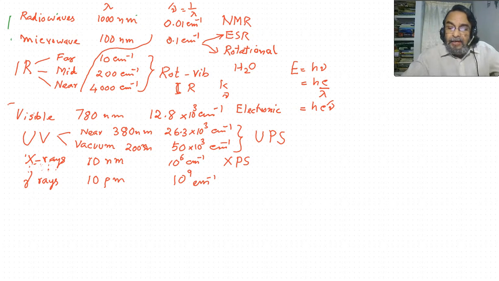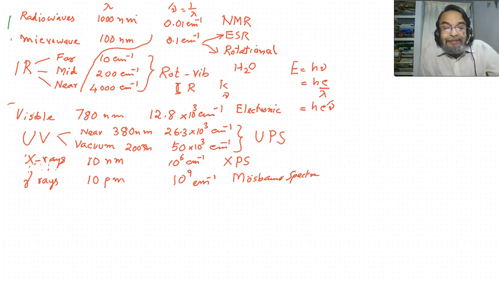In this region, the spectra give the interaction of gamma rays with the molecule, a very valuable spectra, called Mossbauer spectra. We will study it. This is the introduction of the different regions and resulting spectra.